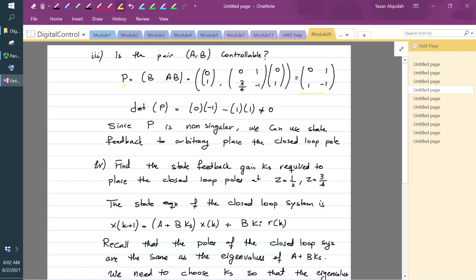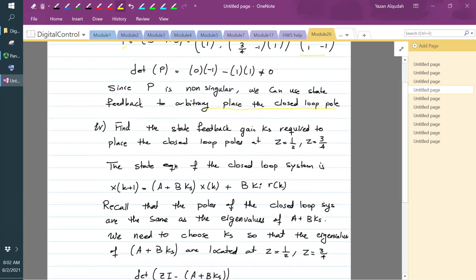The determinant of this matrix is not equal to 0, and therefore P is non-singular, and therefore we can use state feedback to arbitrarily place the closed loop poles at any location, because this system is controllable.